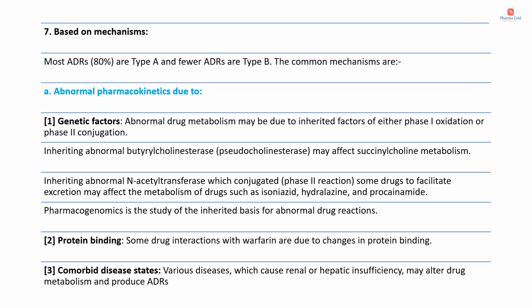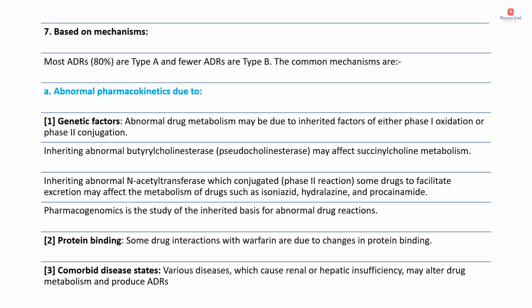Then inheriting abnormal butyrylcholinesterase or pseudocholinesterase may affect succinylcholine metabolism. Then inheriting abnormal N-acetyltransferase, a phase 2 conjugation reaction, may affect the metabolism of drugs such as isoniazid, hydralazine and procainamide.